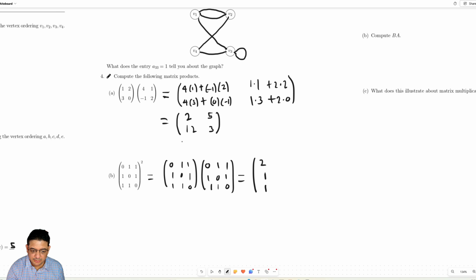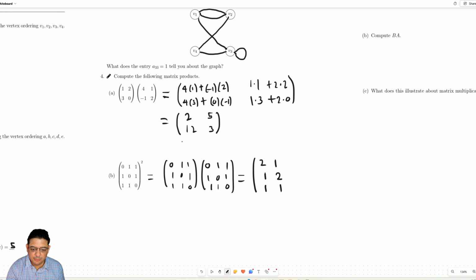0, 1, 1 by 1, 1, 0. Now we do 1, 0, 1 by this. And notice that that's going to be just 1. This one is just going to be 2. And the last one, 1, 0, 1 times this is just going to be 1 once again.